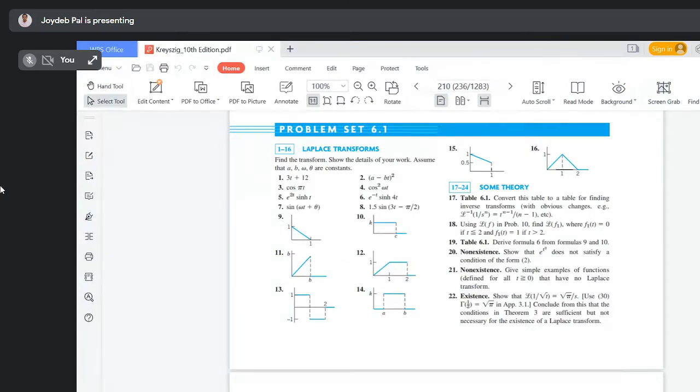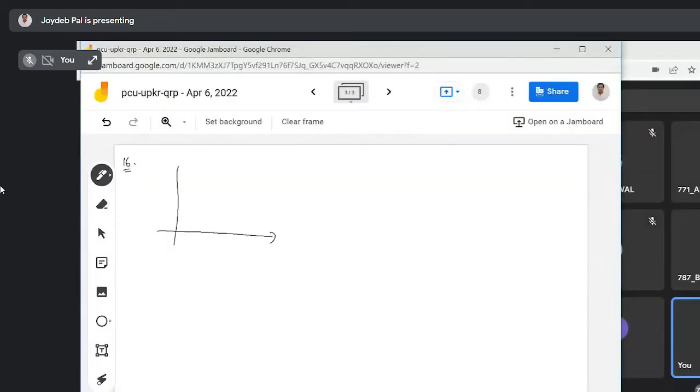And the greater than 2 case is also given.